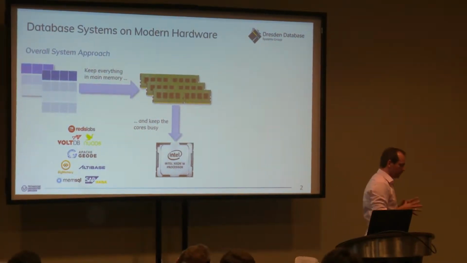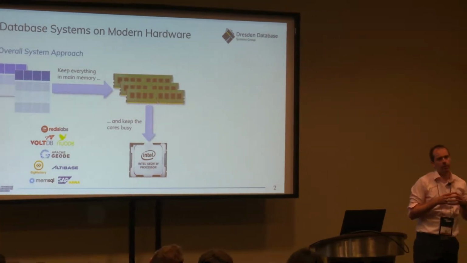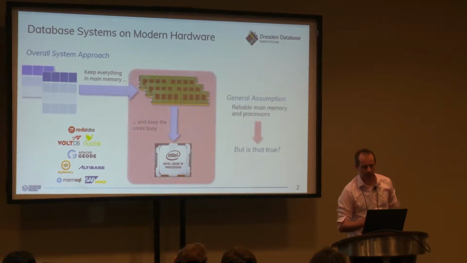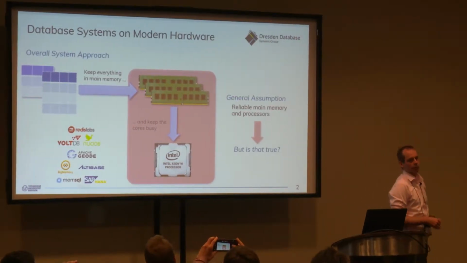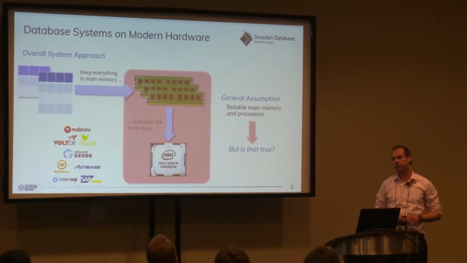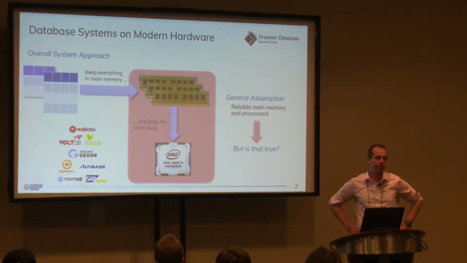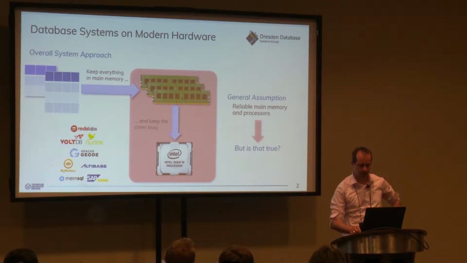But what we all forget is that we make a fundamental implicit assumption here, and it's that the underlying hardware is reliable. And there's a lot of evidence out there which suggests that this will no longer be true in the near future.